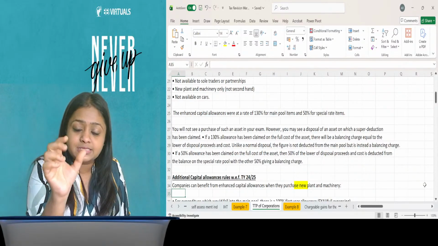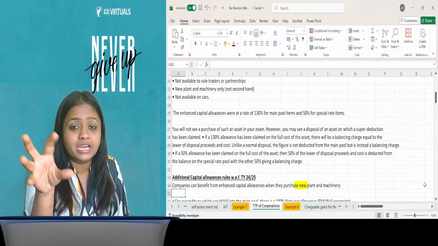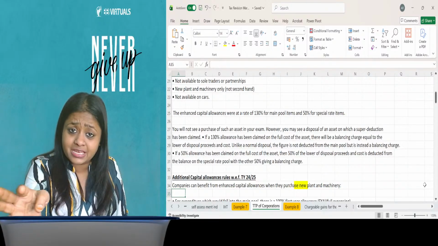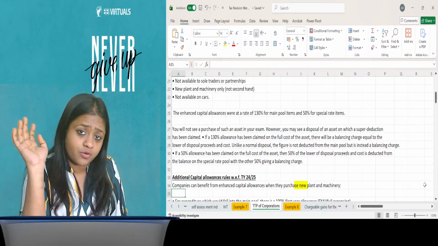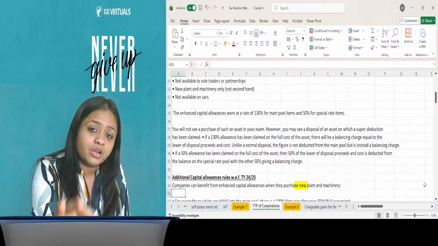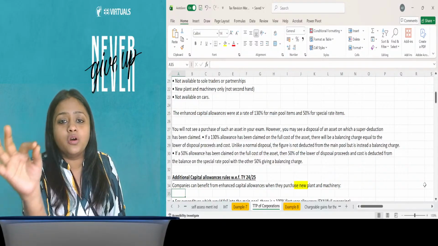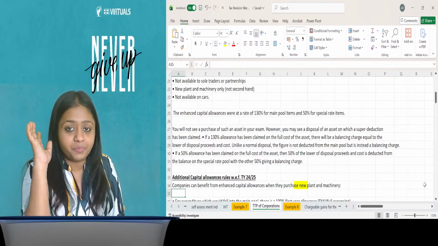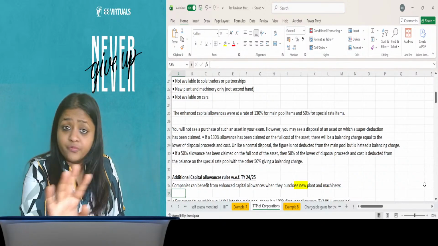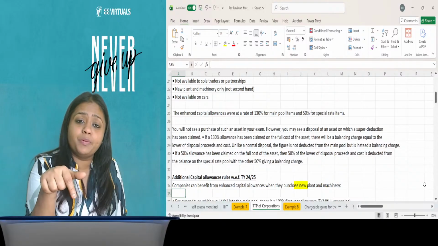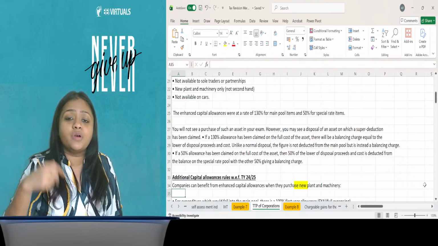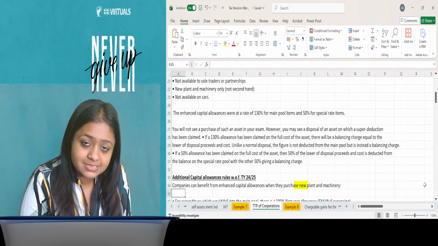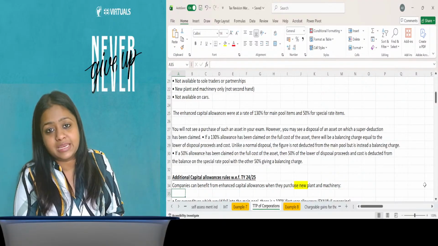It simply says if a new plant and machinery is bought in 24-25, then just like AIA gives you 100% benefit on the cost, here also you will have 100% first year allowance on the main pool purchase. So the name has changed to first year allowance 100%. You will still have AIA, don't worry about that. But for main pool purchases, you will have additional allowance of 100% FIA. Now, if it is a special rate pool asset, it is the same, you will get 50% FIA.